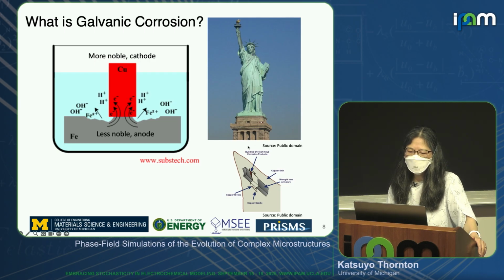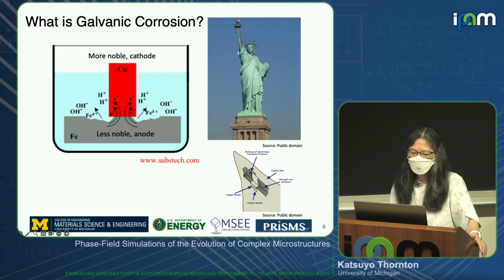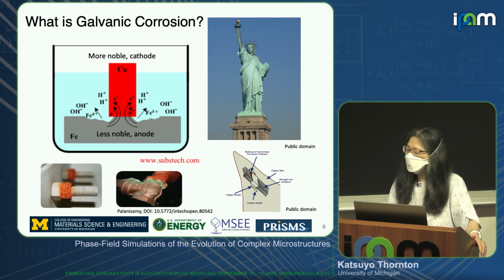Major issues have happened, for example, in the Statue of Liberty, where copper and iron-based alloys, steel, were connected with each other, and there was a coating, but that failed and it started to degrade. Often you may see something like this.